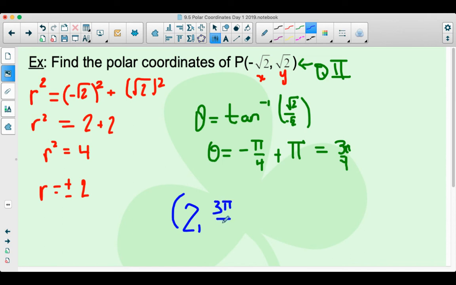But think about it in terms of the angle that we got, which was -pi/4. So -pi/4 would be down here, and simply putting a -2 in front of that for the R value would also get you to the same point, same location. When you're doing this, though, I'd like you to try to write it in terms of the positive angle so that you have that practice of putting those values in.